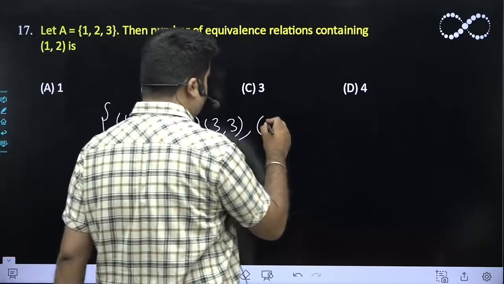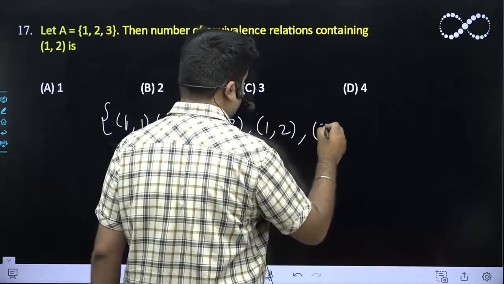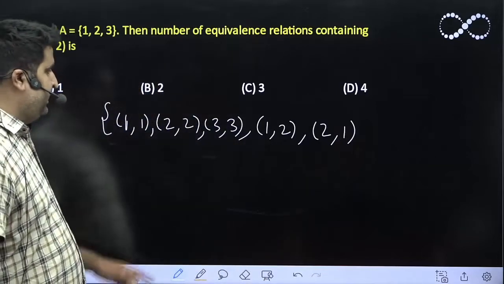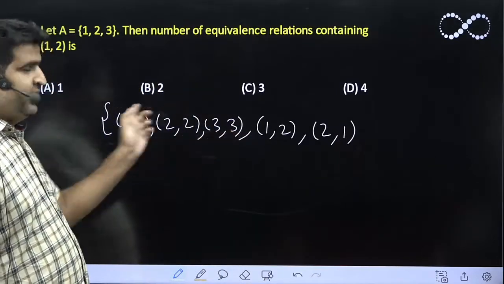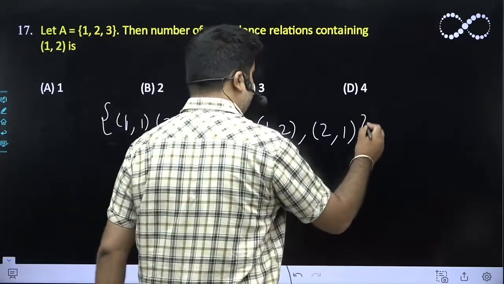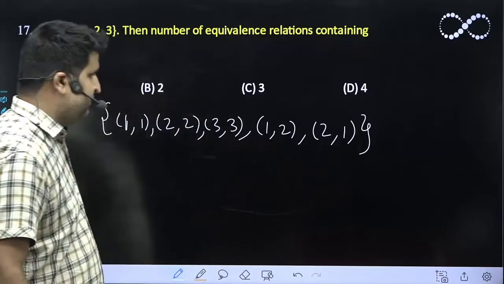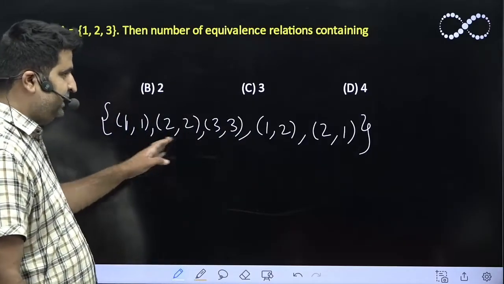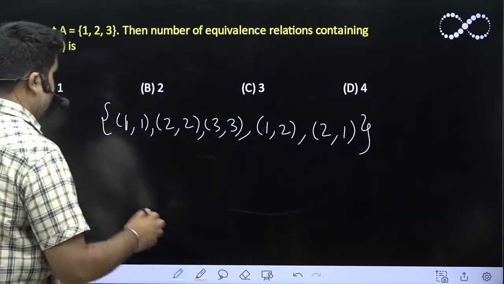If you have (1, 2), you have to add (2, 1). And this will be an equivalence relation in itself. You can simply see this relation is reflexive, symmetric, and transitive in every way, right?